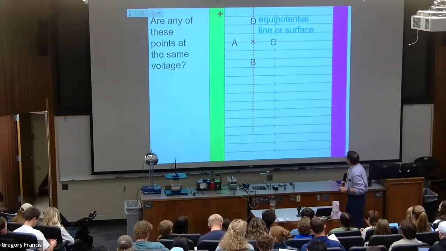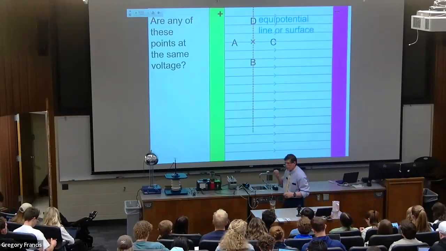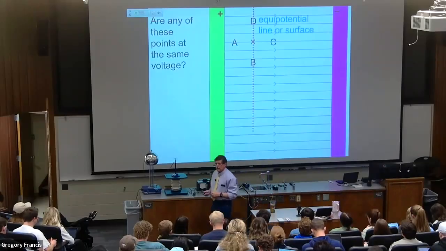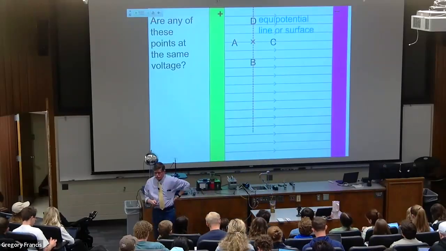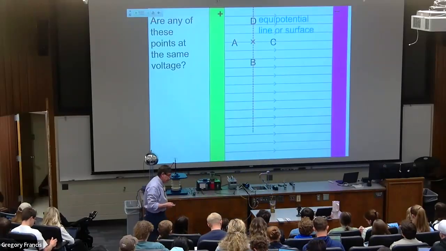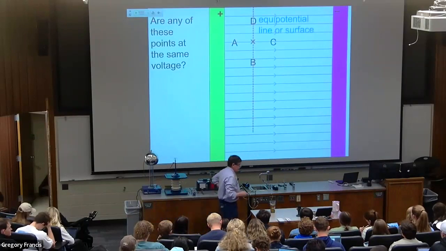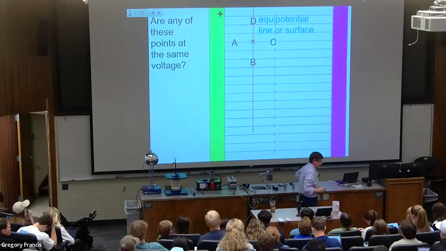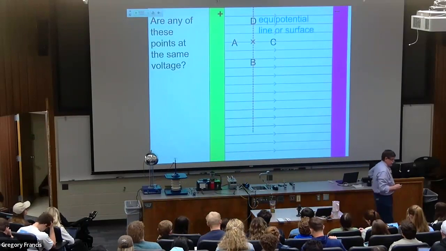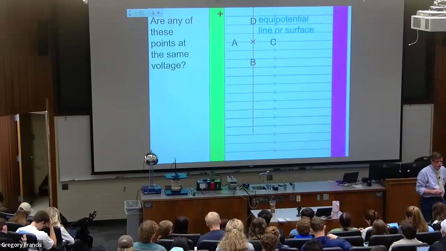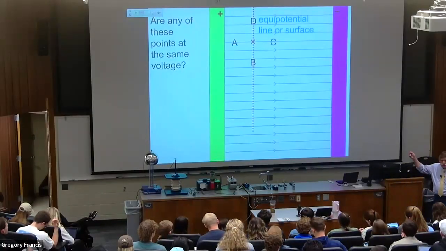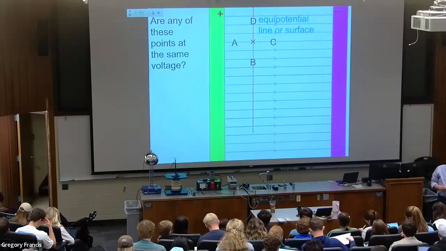We call that an equipotential, or equal potential, line or surface. I would have called it an equal voltage, because I really hate that we call voltage potential sometimes. But this is so prevalent in the literature and the textbooks that we have to stick with it.